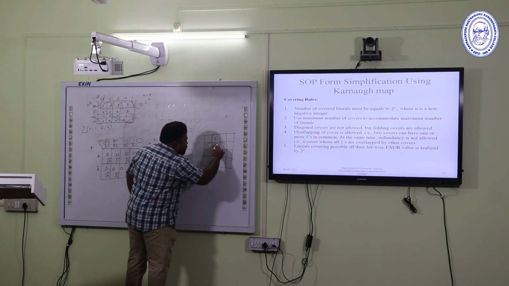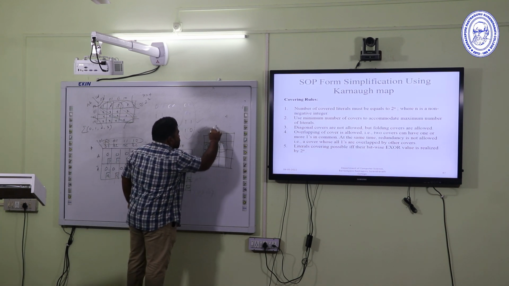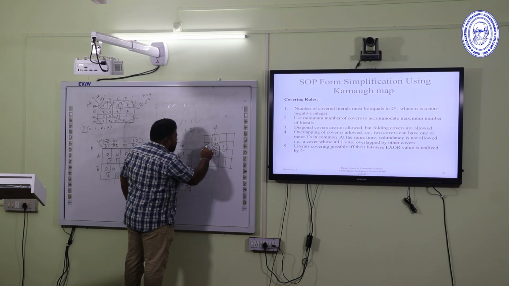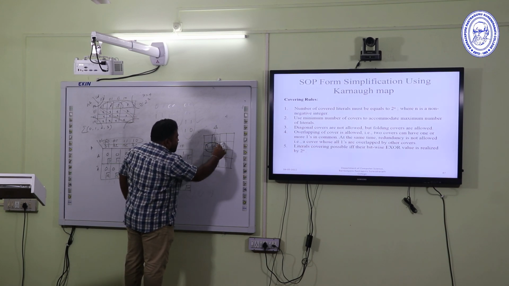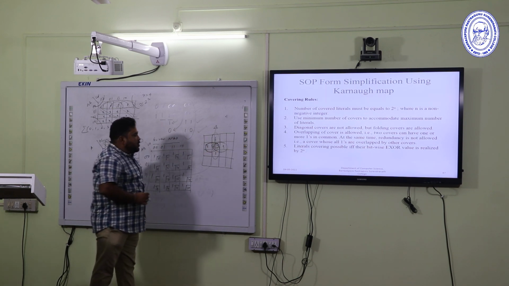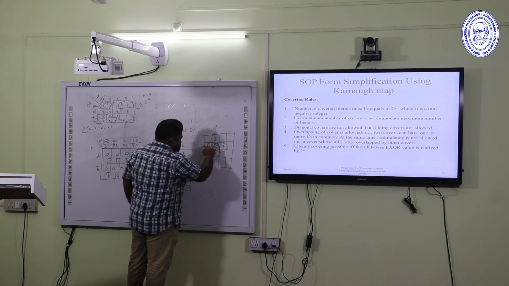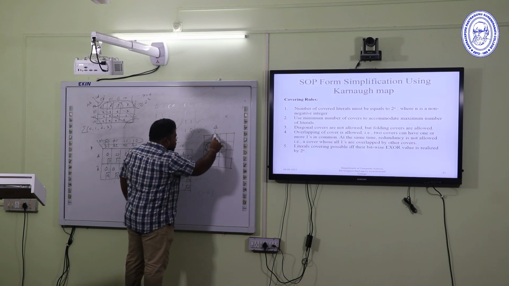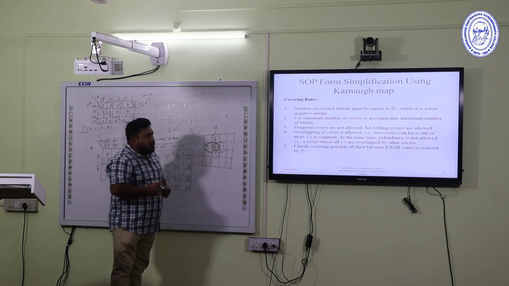Here, this value is covered by this cover, this cover, this cover, and this cover. It is not possible. So in that case, I have to cover only one, that is either this one or this one, but not both.